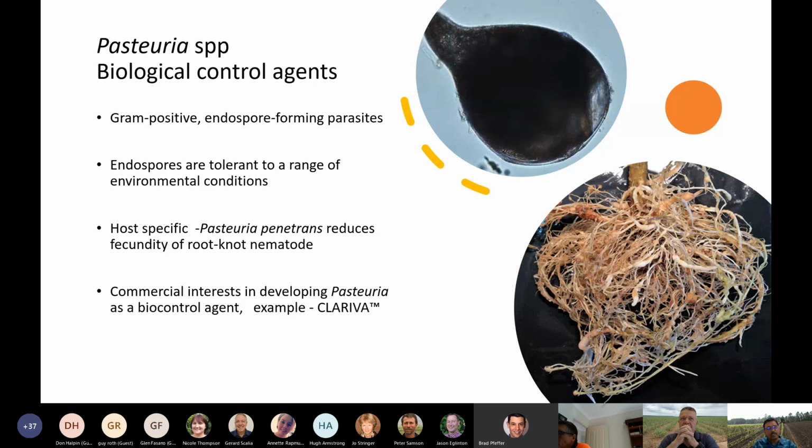And the most important thing is there is lots of commercial interest in developing Pasteurella biocontrol products. For example, Syngenta developed a product called Clariva, which is currently being marketed for the control of soybean cyst nematode.